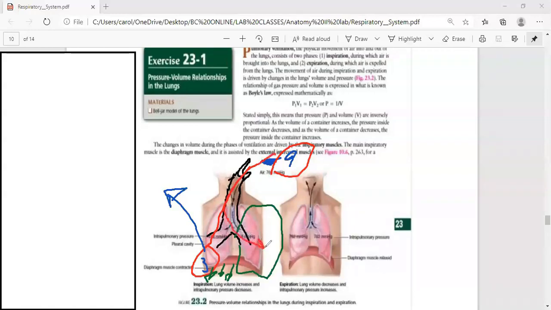It will go from high, 9, to 3, low, and that's how the air goes inside. Obviously, common sense tells you, how do you think the air goes out of your lungs? Well, the lungs will go back to the original position. Your thorax will recoil back to the original position, diminishing the volume in your lungs. Therefore, the pressure increases, and that's what's going to push the air out.